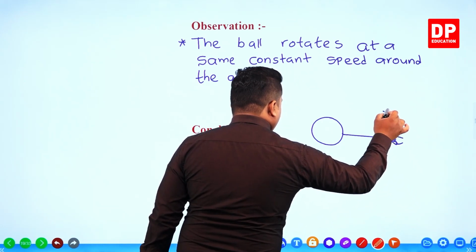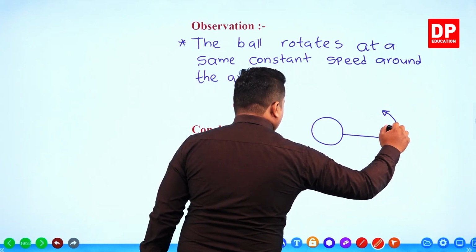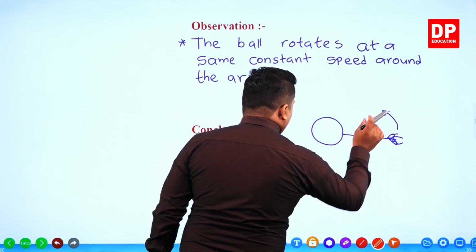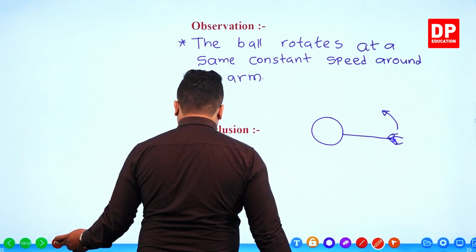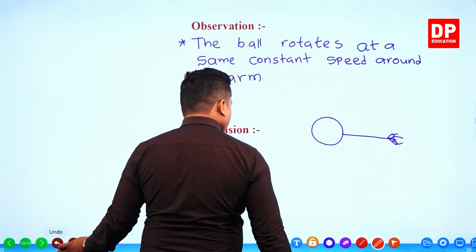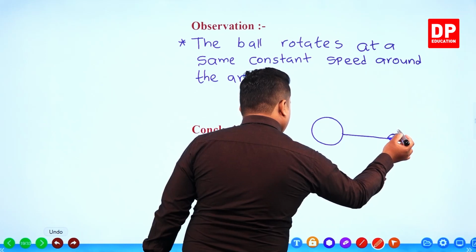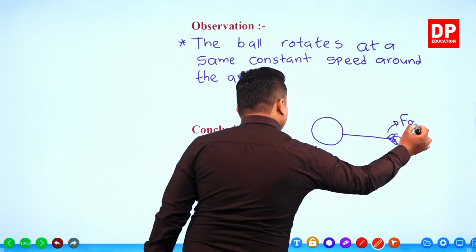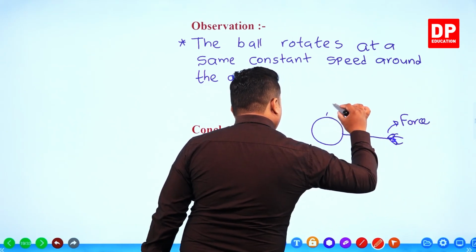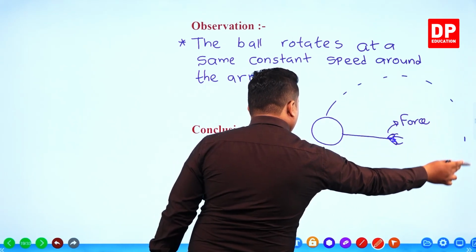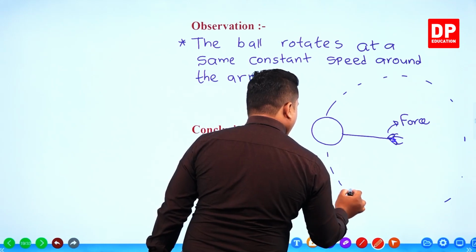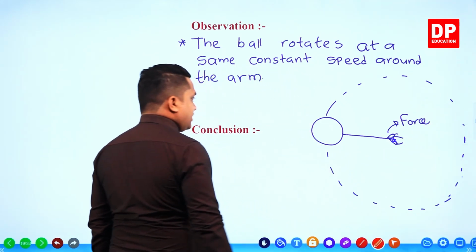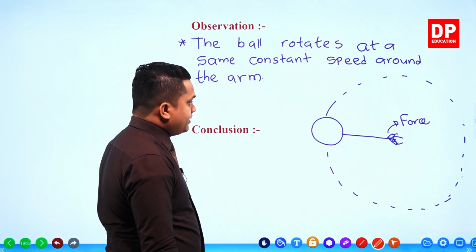So I'm rotating this thing. I'm applying a force and rotating. So when I apply a force, let's say applying a force like this, upon application of that force, this is going to rotate in this kind of a path.